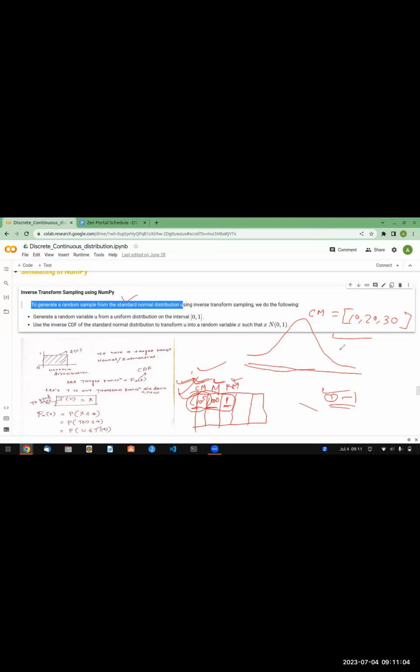In normalization, the formula is: every element xi minus x min divided by x max minus x min. This is the formula for normalization.